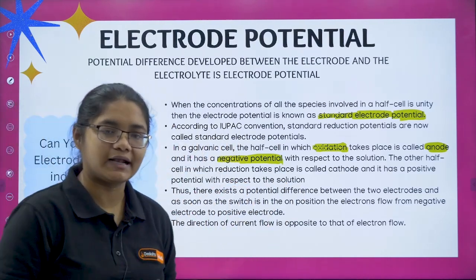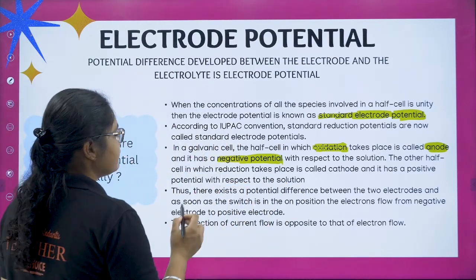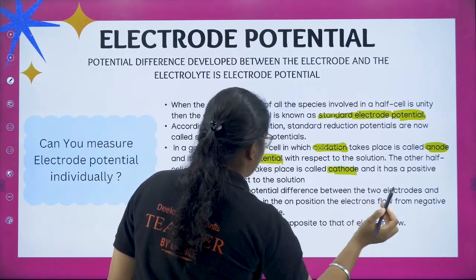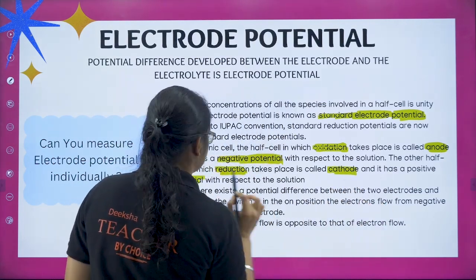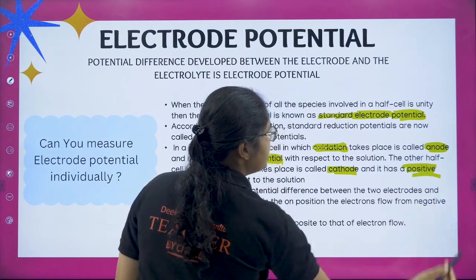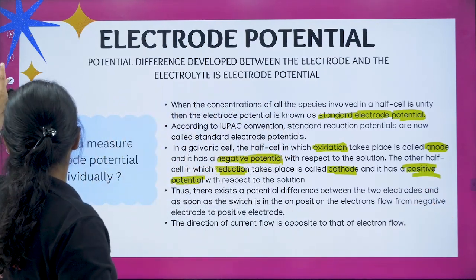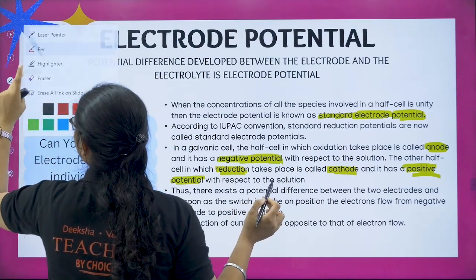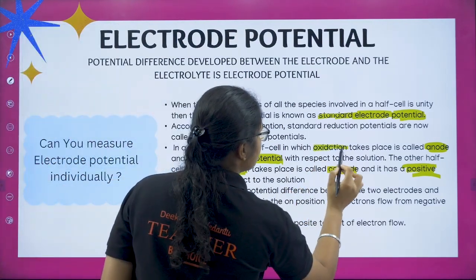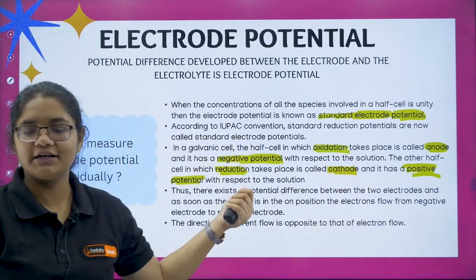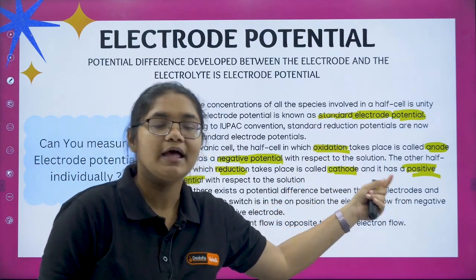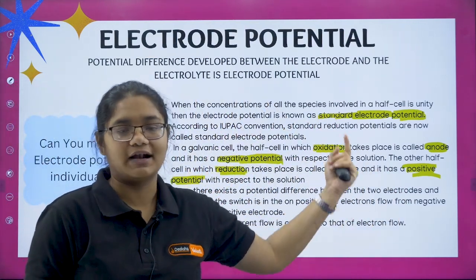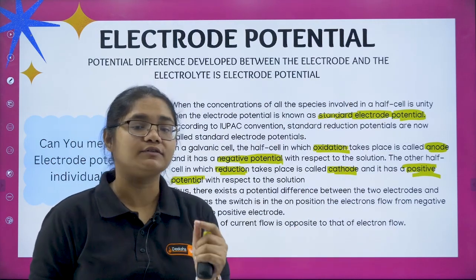The other half, in which reduction takes place, is called the cathode, and it has a positive potential. So where oxidation takes place is the anode with negative potential, and where reduction takes place is the cathode with positive potential.